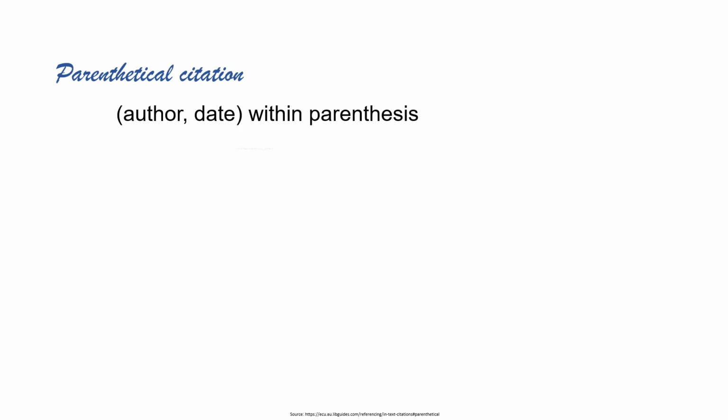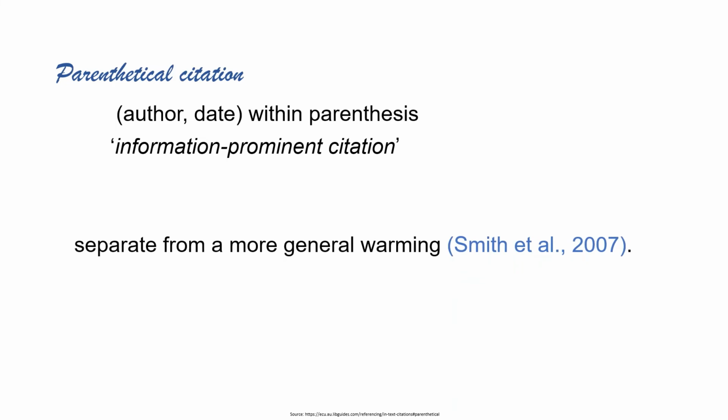It is often termed an information-prominent citation because the information is given priority over the author, with a citation at the end of the sentence. For example, this one is an example of parenthetical citation wherein the in-text citation can be seen at the end of the sentence.